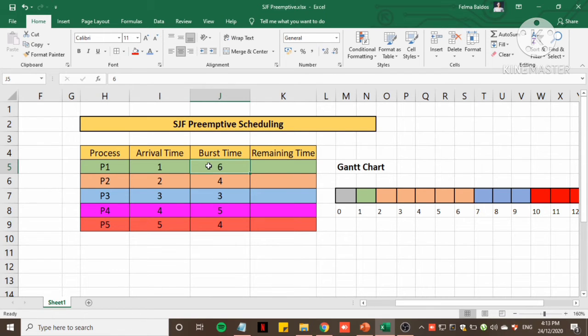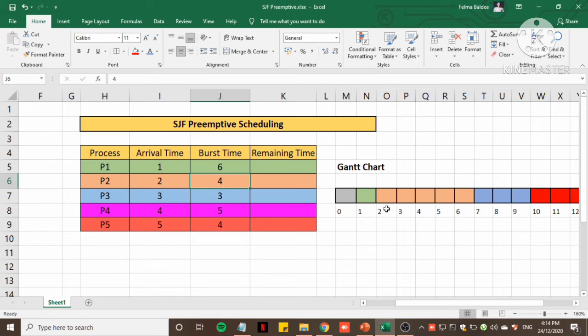If this were FCFS scheduling, P1 would have to execute all of its burst time until it finished. But since SJF preemptive scheduling only executes the process with the smallest burst time, P2 will execute at time 2 because it arrived and has a smaller burst time than P1.